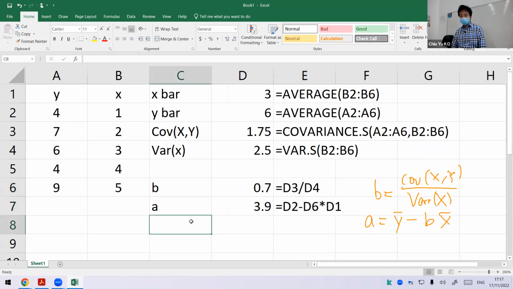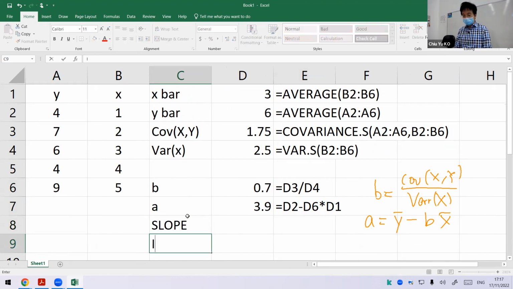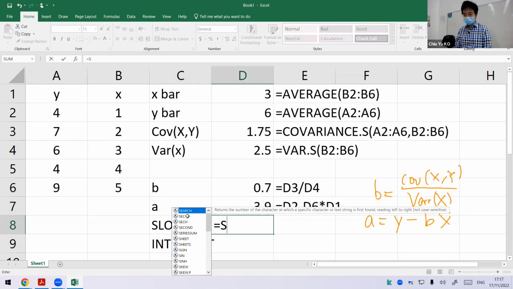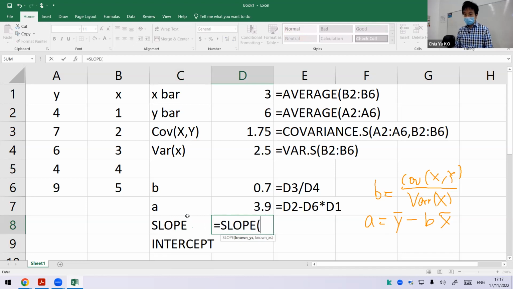But that being said, Excel has a very smart function. You don't need to do all this. There's a function called slope and intercept, so we can get A and B immediately. Slope, just slope, very simple. Then you tell it what the Y values are and what the X values are.